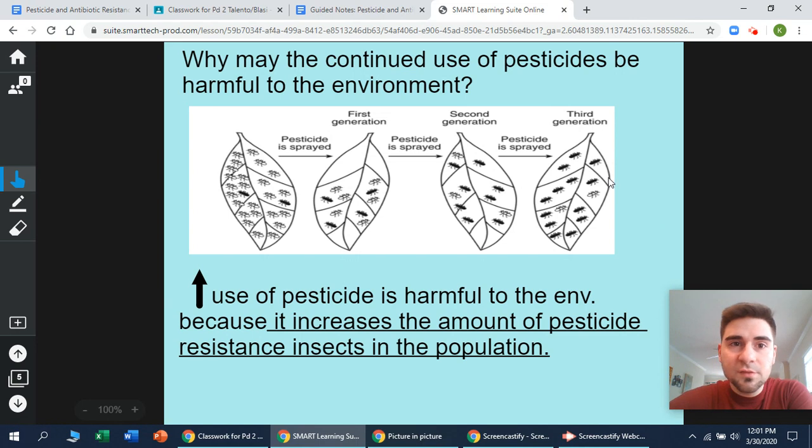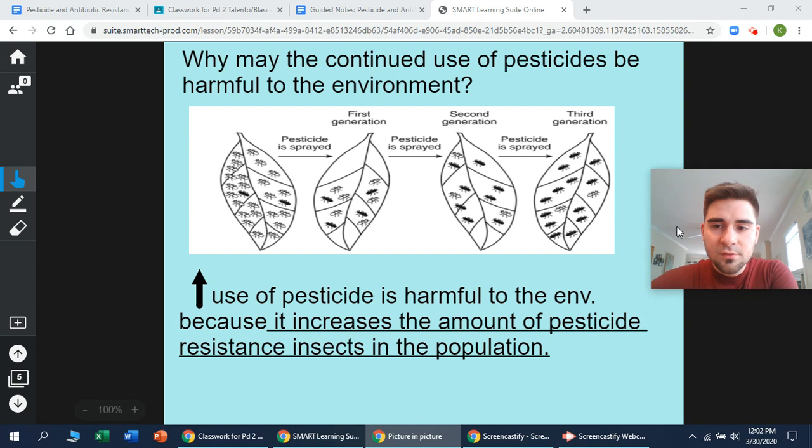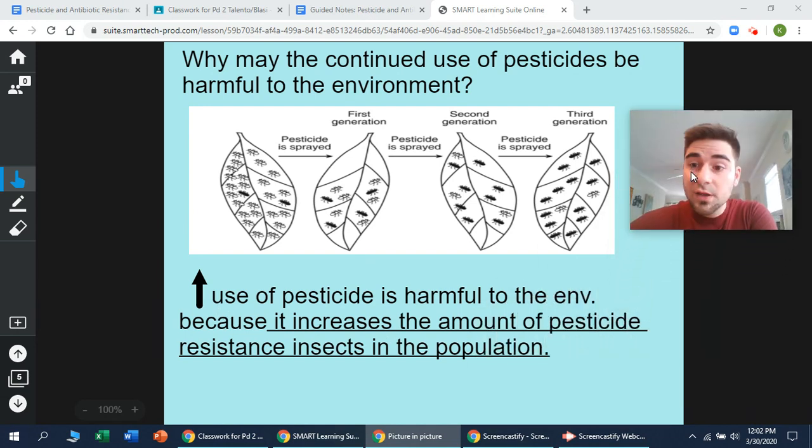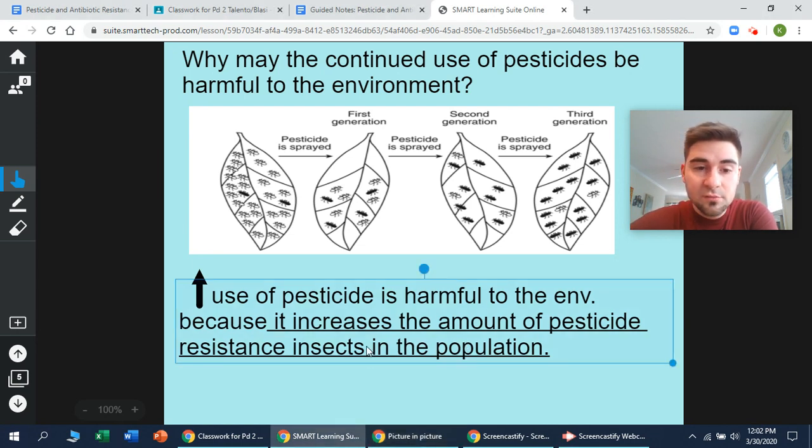Now, what I want you to start thinking about is why may the continued use of pesticides be harmful to the environment? So we're spraying all these pesticides on the crops, and well, it says it right here. It increases the amount of pesticide resistant insects in the population.